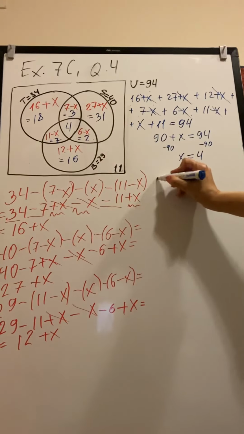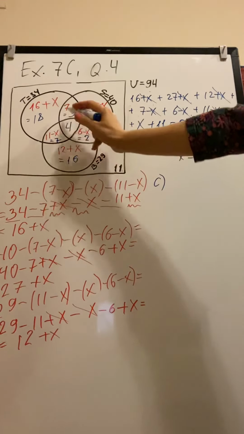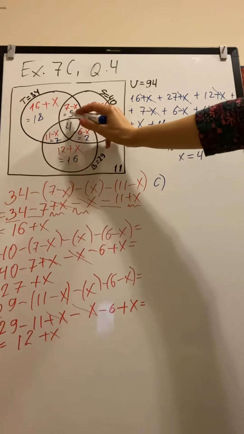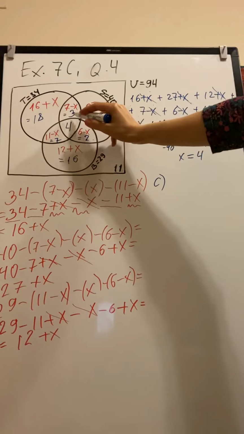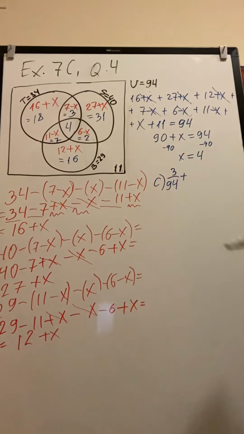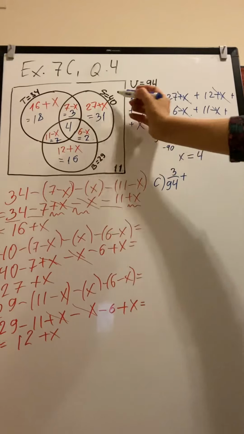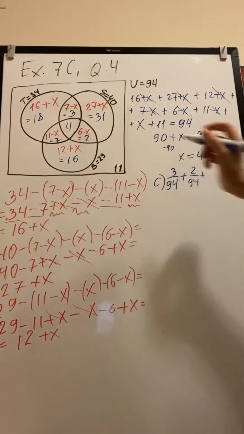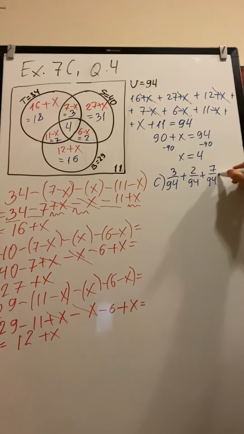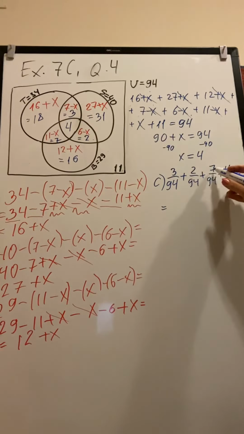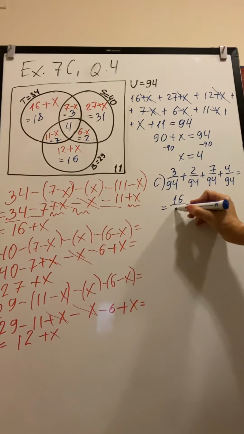Therefore, all we need to do for C is to go, look, I'm gonna take these probabilities, add them up together, and get the answer. So for example, here, probability of 3 cars out of 94 is 3 over 94. It's an or statement, so we're adding 2 out of 94 plus 7 over 94, and finally plus this middle 4 in 94 equals, well, that's 5, that's 12, that's 16 in 94.